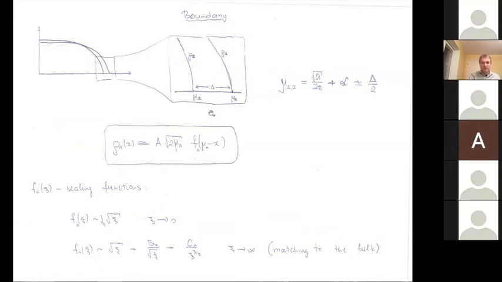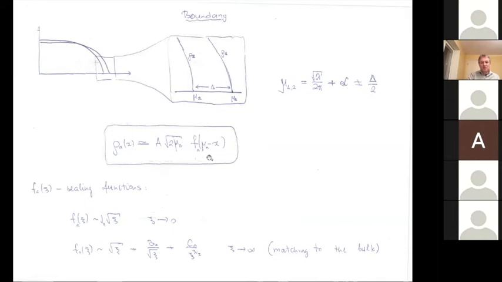So it's convenient to introduce a different parameterization for the endpoints in terms of the gap between the two endpoints, and then a parameter alpha, which is an overall shift compared to the leading order.